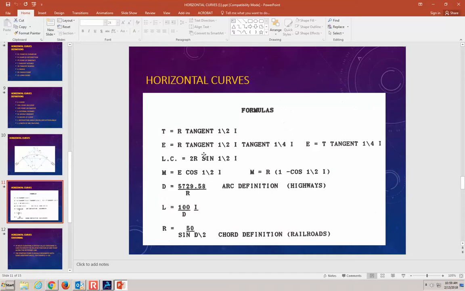We do have I, so we could find the long chord, but let's find D because it has one variable that we have to use, and that's the radius. So let's find D.